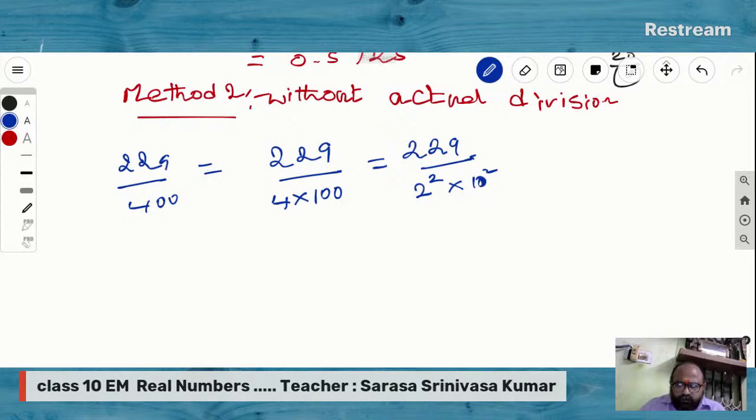Now we have 2 square in the denominator. It should be converted into 10 square. 2 square must be multiplied by 5 square to get the form 10 square.